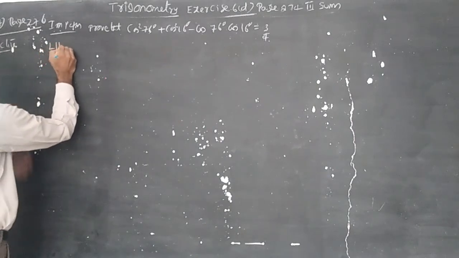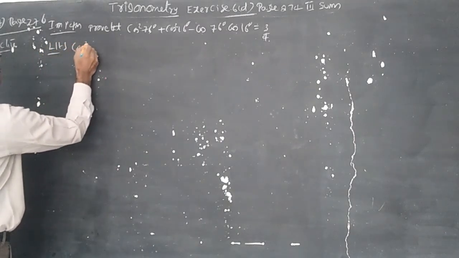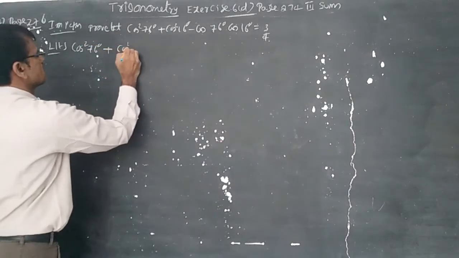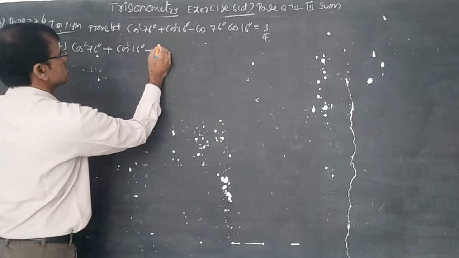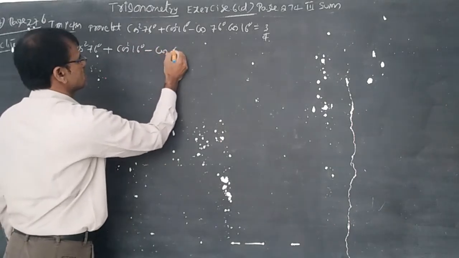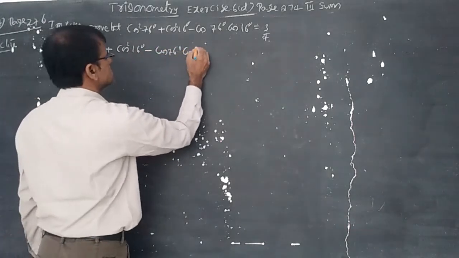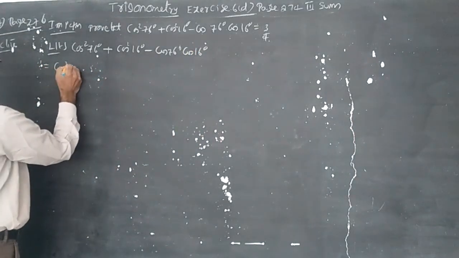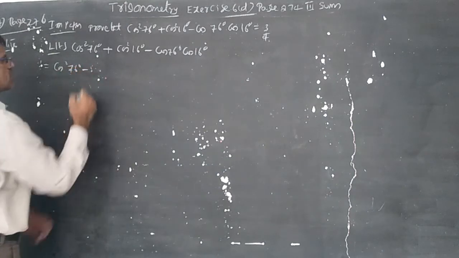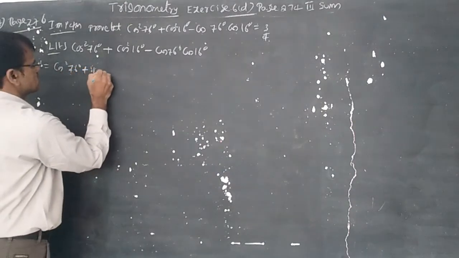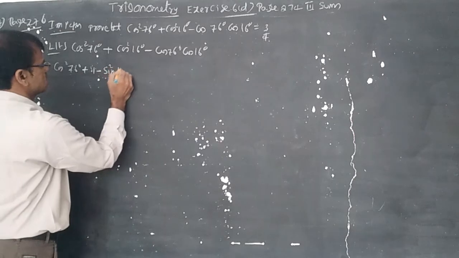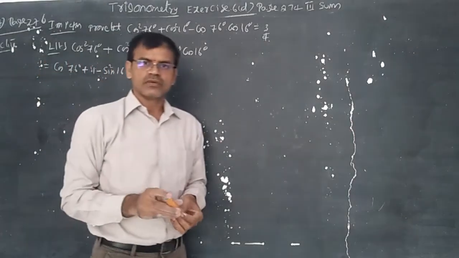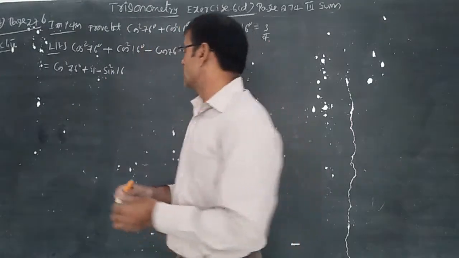Take LHS: cos square 76 degrees plus cos square 16 degrees minus cos 76 degrees into cos 16 degrees. Cos square 76 plus, this can be understood as 1 minus sin square 16 degrees, because cos square theta is equal to 1 minus sin square theta.